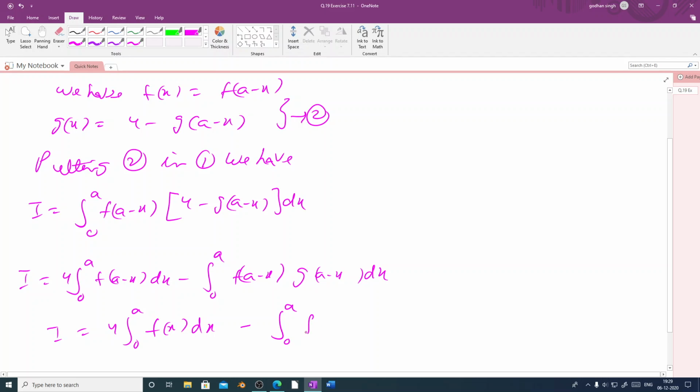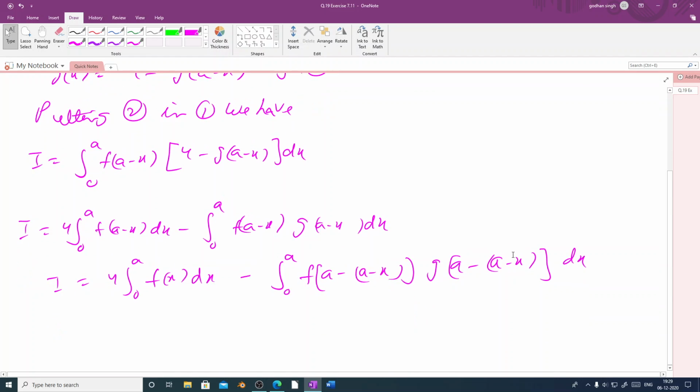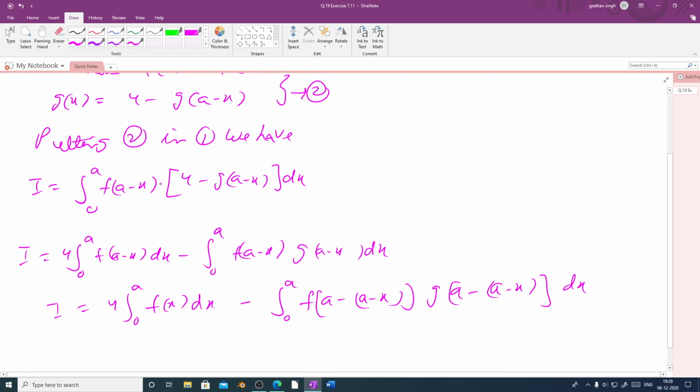So we can write f(a minus x) g(a minus x) dx. We are applying P4 only in this part.